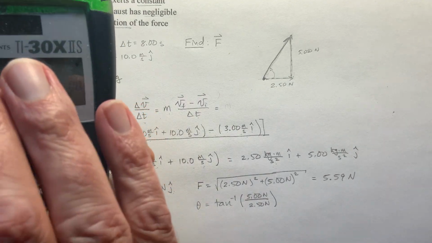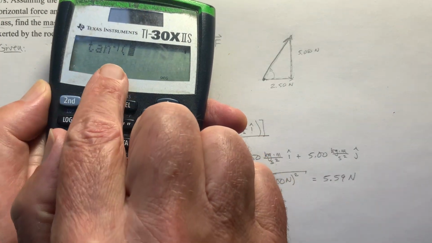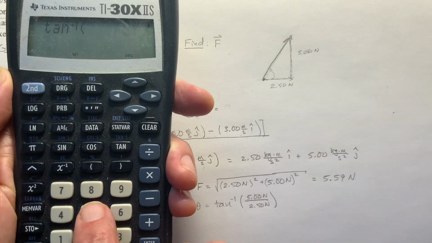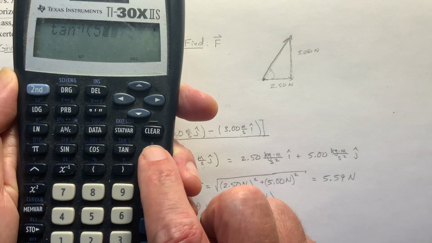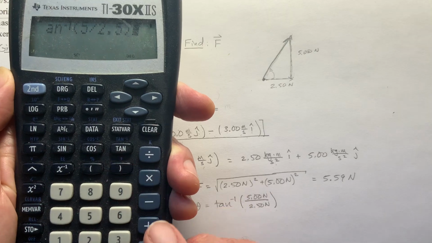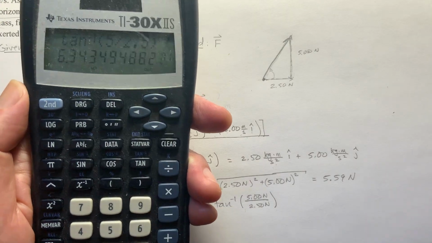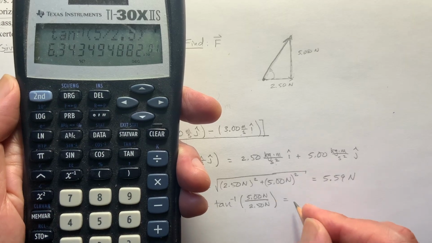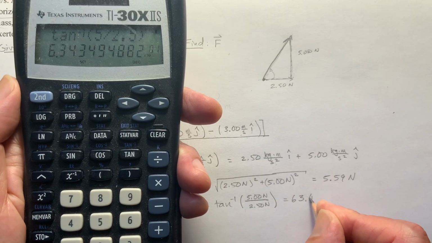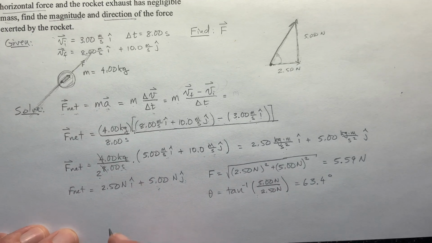But I just thought I'd mention it. All right, so second function tangent, and there I get my inverse tangent. And then I have 5 divided by 2.5. I could have just put in 2, and I'll get my answer of 63.4 degrees. All right, there we go. Let's make this nice.